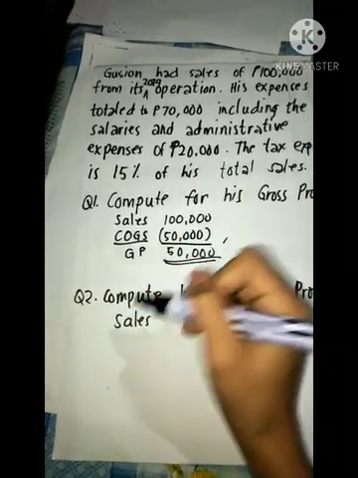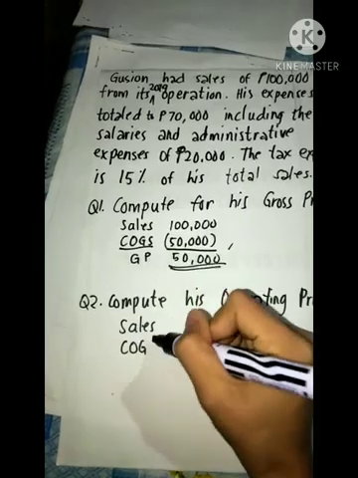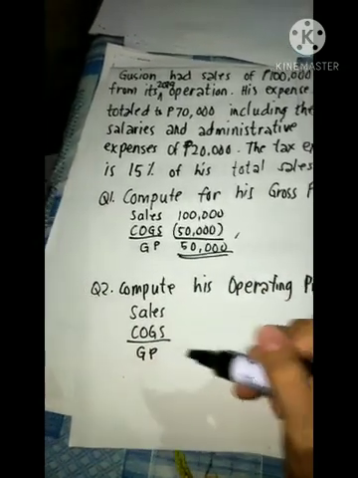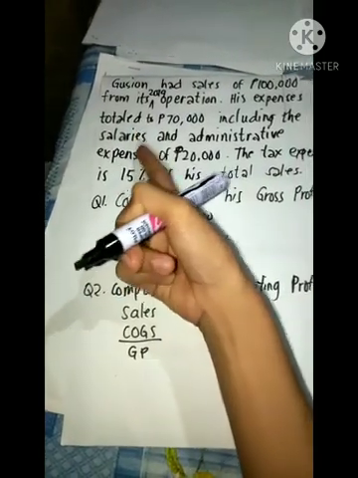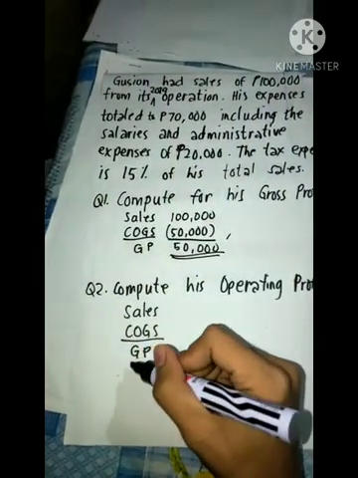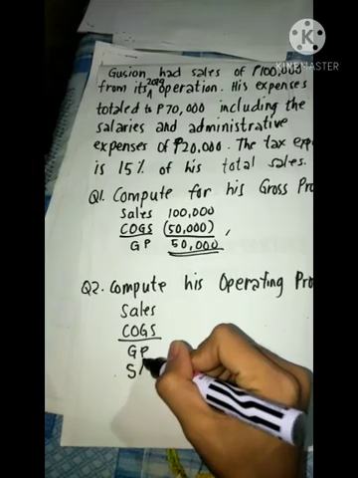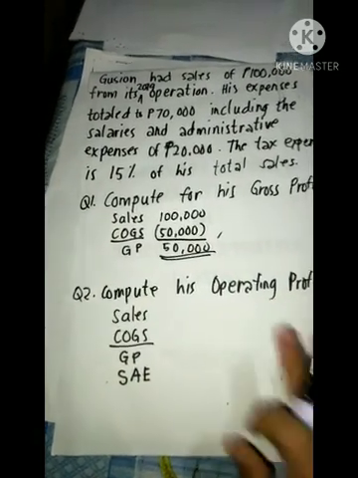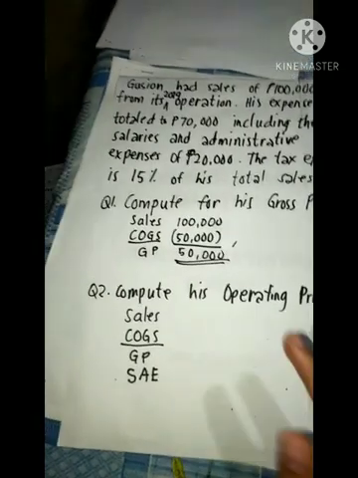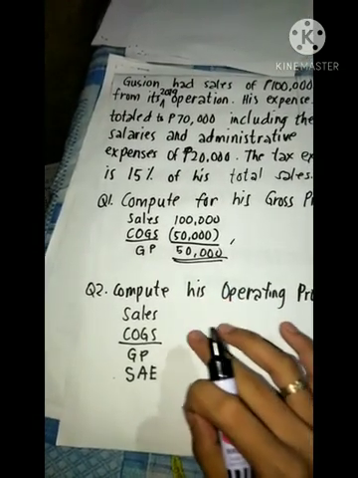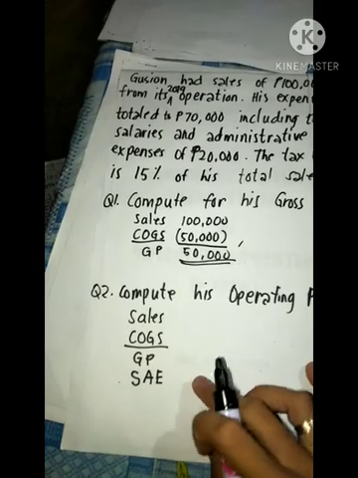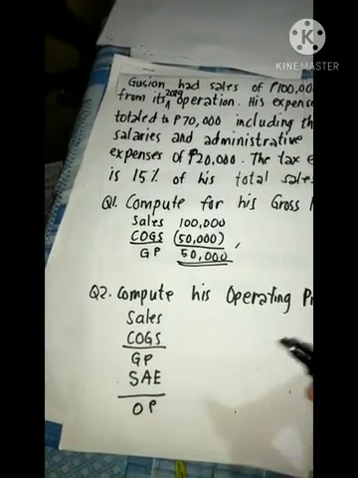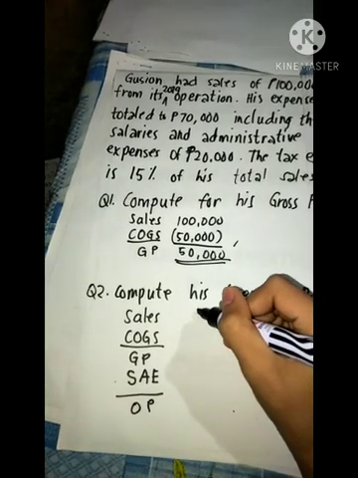Sales less cost of goods sold equals gross profit, less, ilalas mo na yung salaries and administrative expenses. Kasi, ang pag-compute ng operating profit is sales less variable expenses and fixed expenses. That's your operating profit.